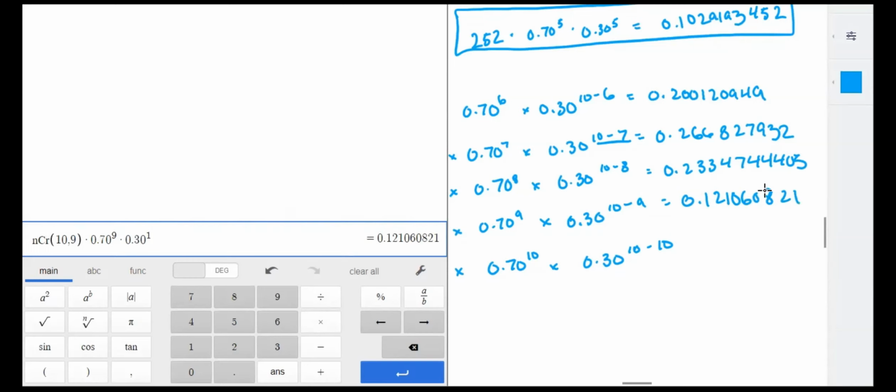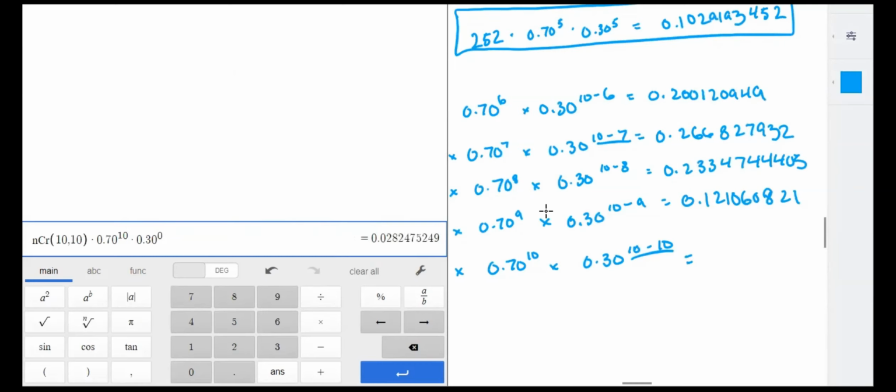That's an 8. There we go. And then last one. Now this last one, if I did 10 minus 10, this would be 0. Technically, you could exclude this from your calculations. I'm not gonna, just for the sake of consistency, but it wouldn't matter.